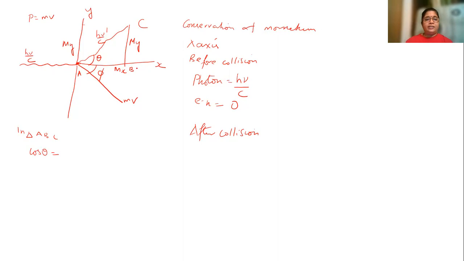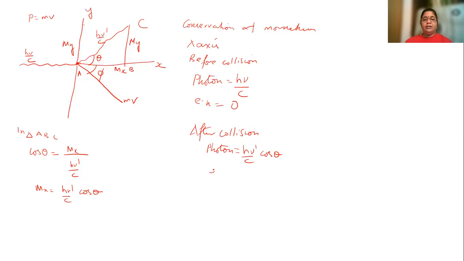Cos theta is equal to adjacent side mx divided by hypotenuse h nu dash by c. Or you can say mx is equal to h nu dash by c cos theta. So after collision, momentum of photon is given by h nu dash by c cos theta.